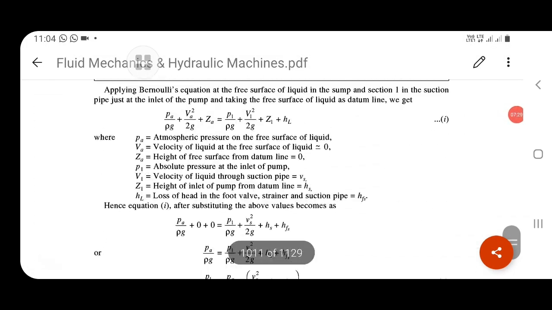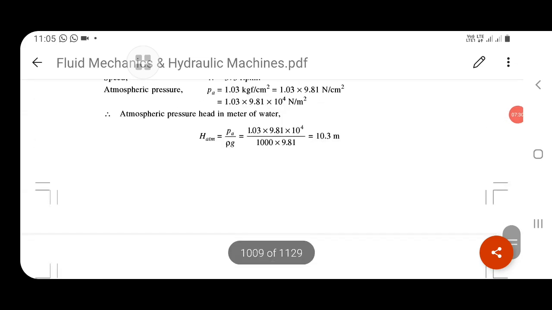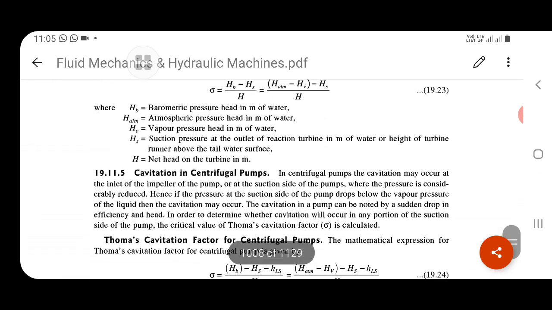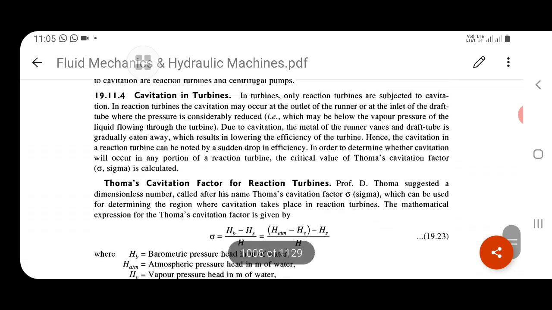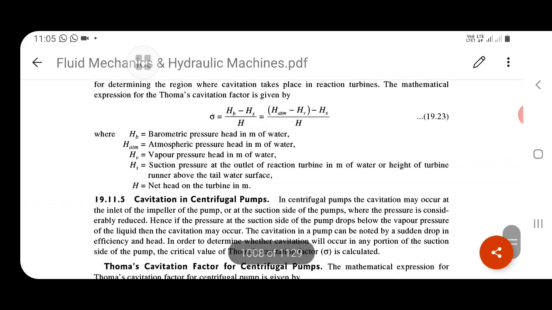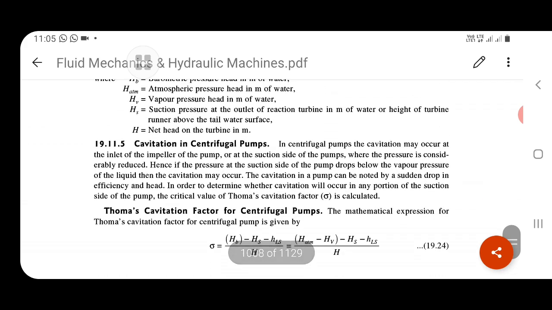So next is cavitation. What is cavitation in a centrifugal pump?